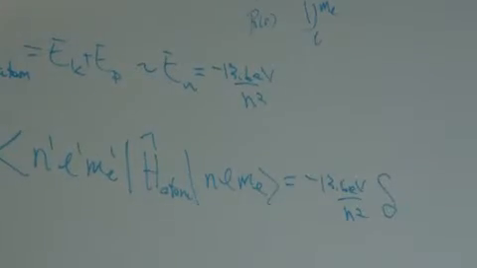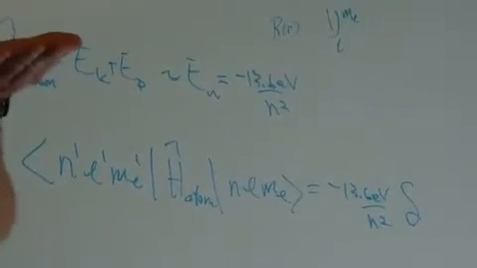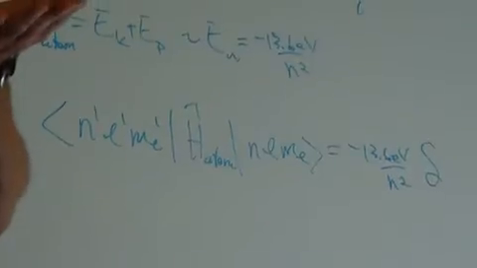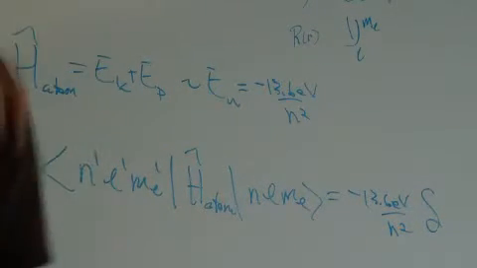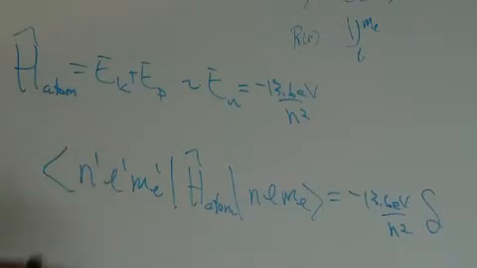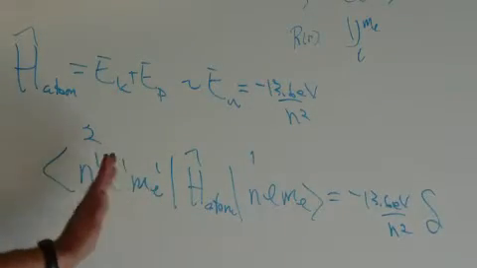All right. So if I'm someday interested in talking about a transition, like an electron making a transition from the n equals 1 state to the n equals 2 state, then that means this is something like a 2, and this is something like a 1.